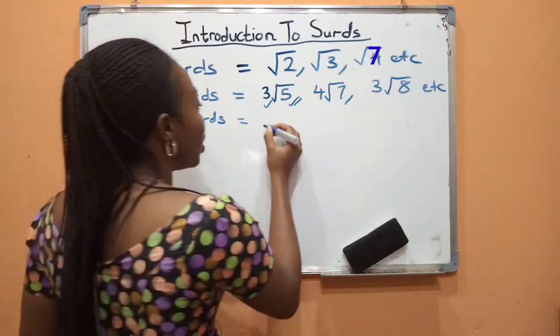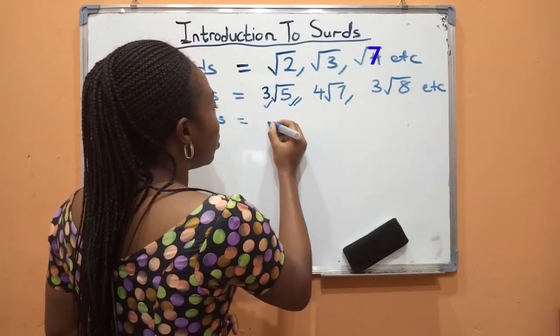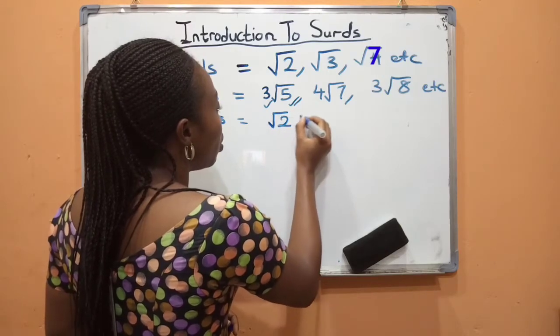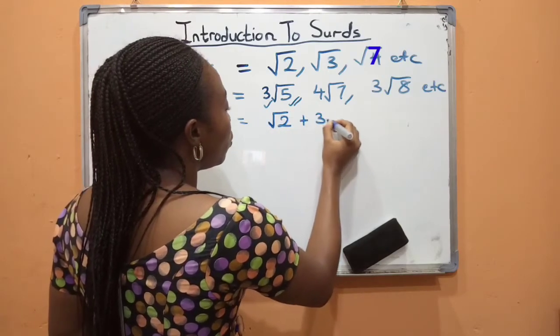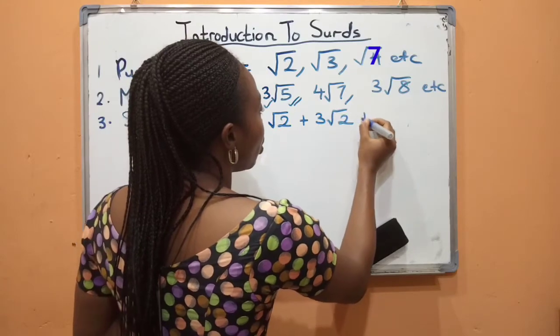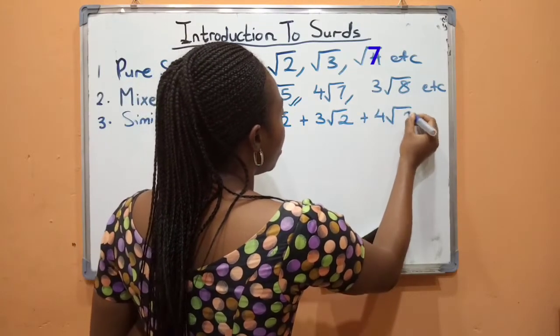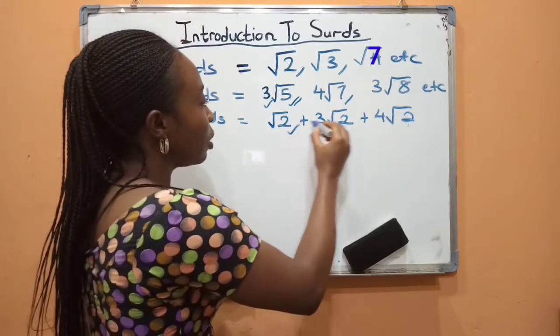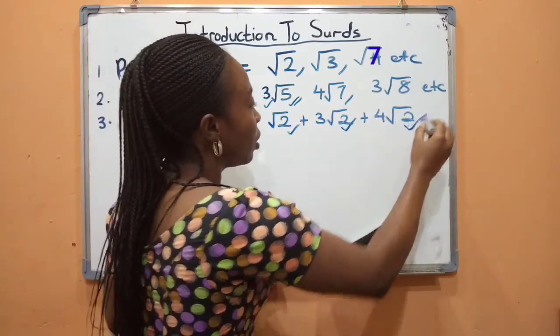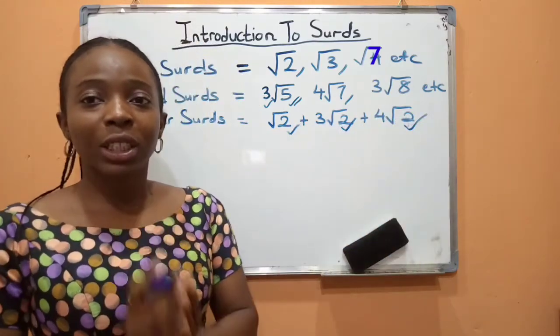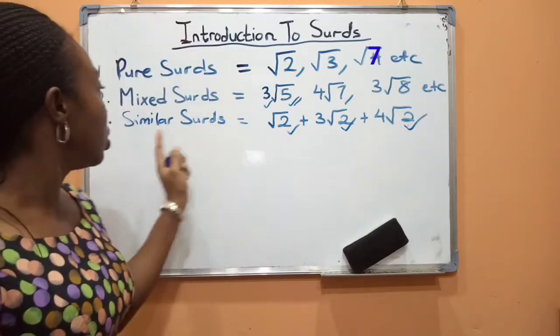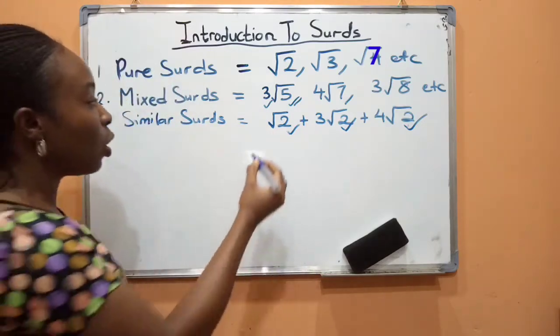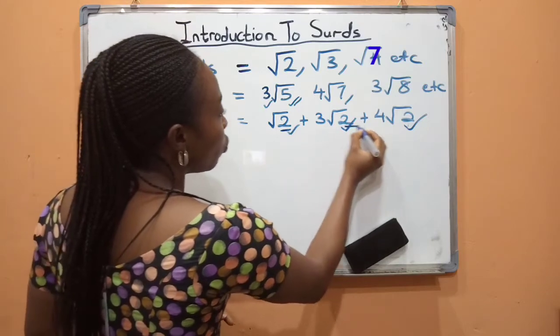For example, you can have something like this: root 2 plus 3 root 2 plus 4 root 2. If you take a look at the roots here, they are all the same. All right, so that means they are what? Similar surds. That's what similar surds are. They all have the same root.